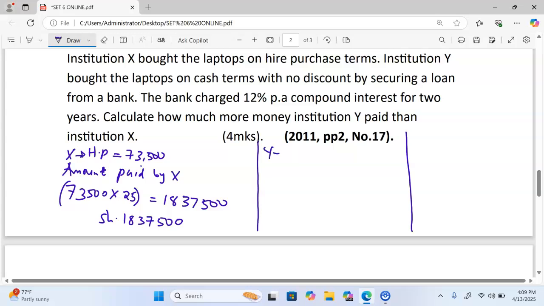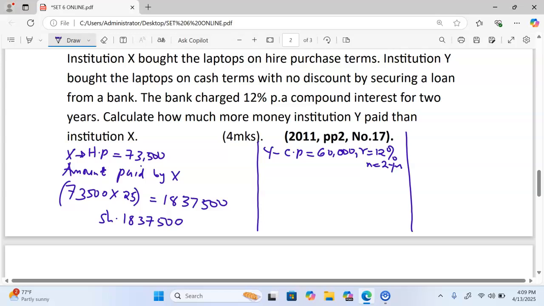So Y used cash price terms, and the cash price was 60,000, but this amount was borrowed from an institution that charges a rate of 12 percent for 2 years. So the term borrowed is 2 years. Then of course they want us to calculate how much more money institution Y paid than institution X.